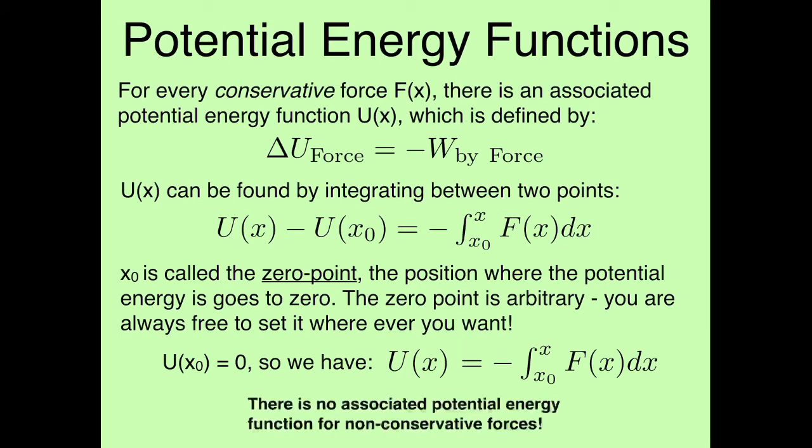By the way, this only works if you have a conservative force. If you have a conservative force, you can find the potential energy function basically by integrating the force with a negative sign out front. If you have a non-conservative force, like friction, like air resistance, this doesn't work. You can't have a potential energy function for a non-conservative force.